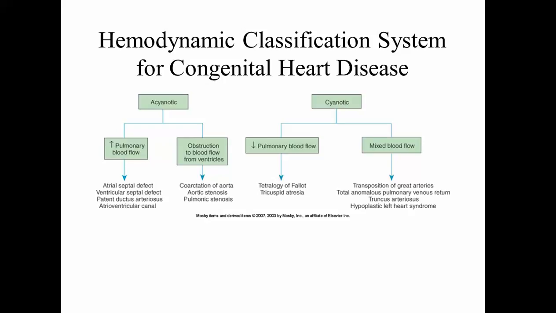So in this lecture, I will be focusing on those defects where there's increased pulmonary blood flow, there's an obstruction to blood flow from the ventricles, and then I'll end by talking about defects where there's decreased pulmonary blood flow. All right? So the first defects I'm going to be talking about are those where there's increased pulmonary blood flow.